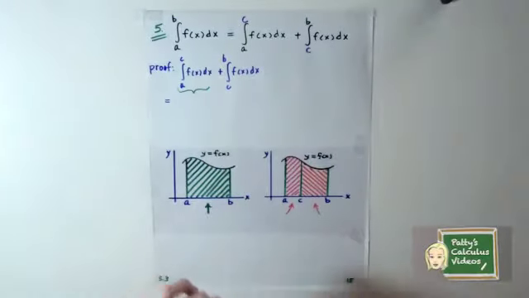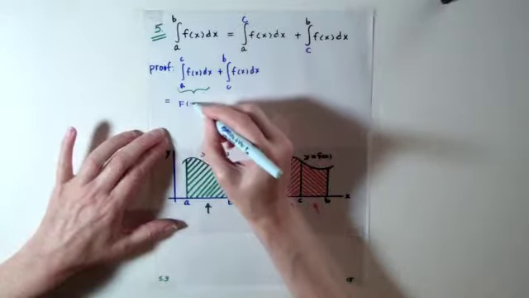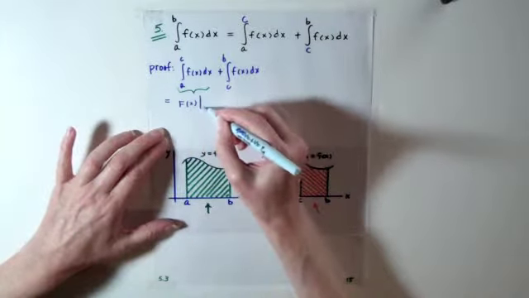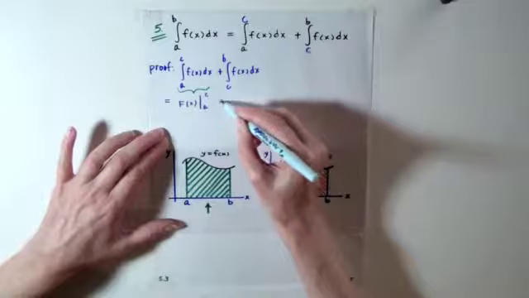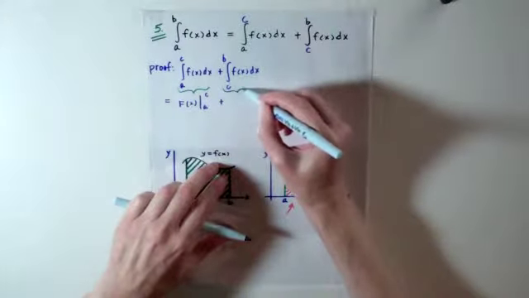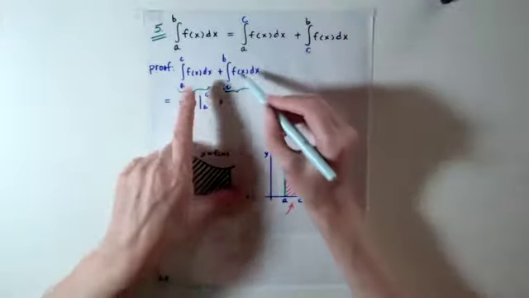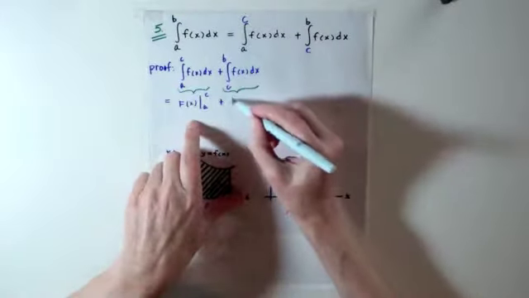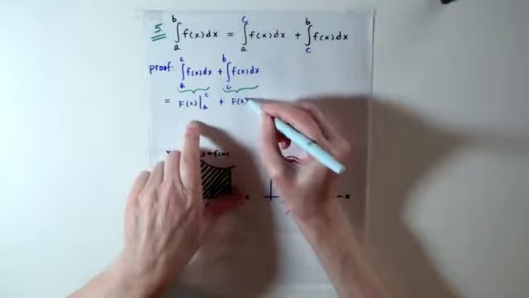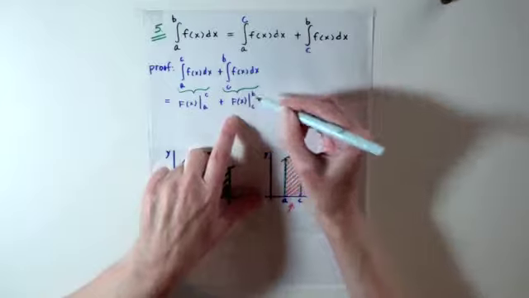I find an antiderivative of little f, and I get capital F of x, and then I'm going to evaluate that from a to c. And if I want to write out how I would do this second integral, I'm still finding the antiderivative of the same function, so I'm still going to get capital F of x, the same antiderivative, and I'm going to evaluate that from c to b.